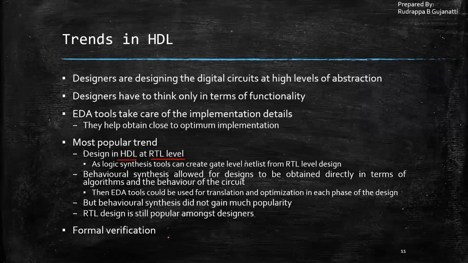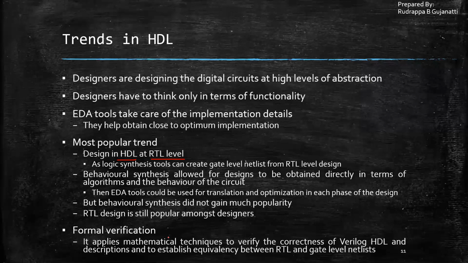Now apart from this, we have formal verification, in which we apply mathematical techniques to verify whether the functionality intended by the digital circuit is obtained or not. If it is not obtained, I go back to the RTL level, as you have seen in the design flow, and try to see what modification can be done.